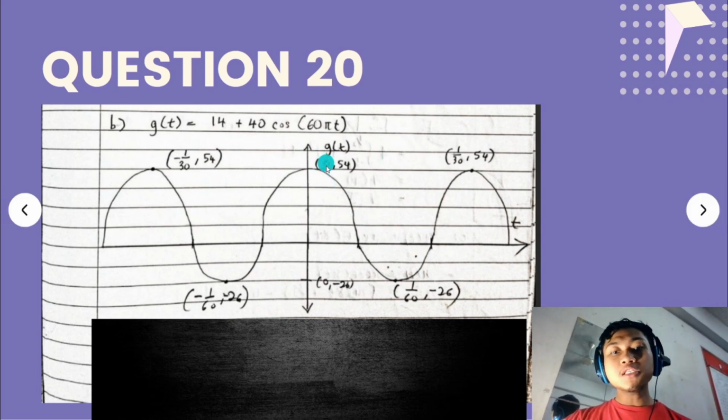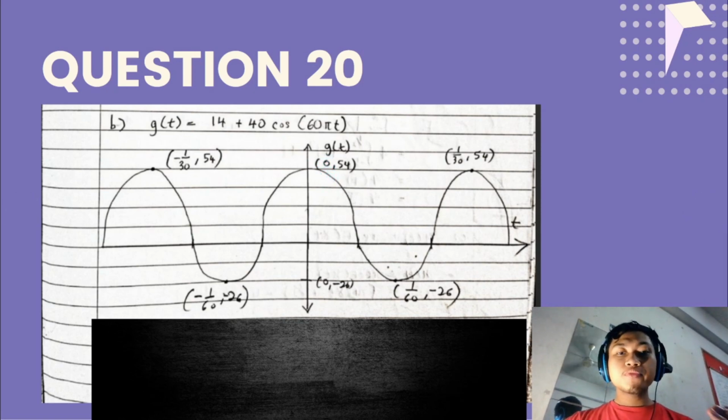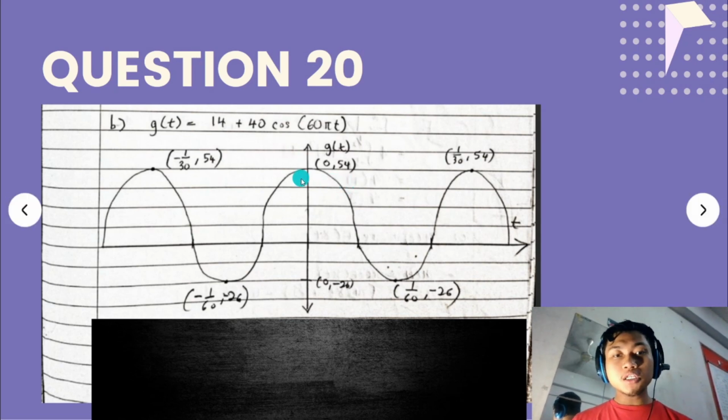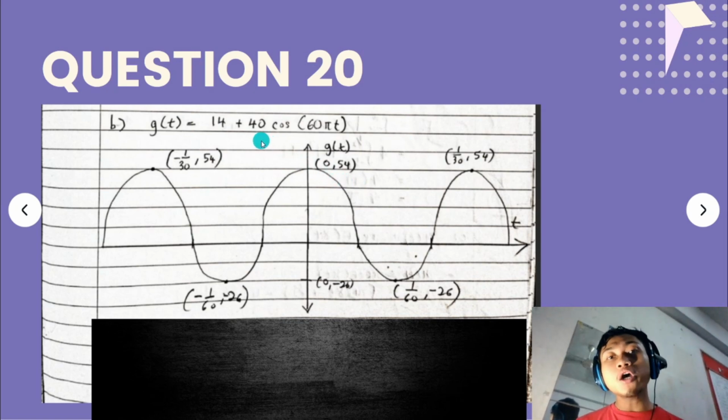Alright, here is 0, 54. Why is the value 54? The 0 indicates that the value on the x axis is 0, and 54 is actually related to the amplitude. Why is it 54 here and not 40?